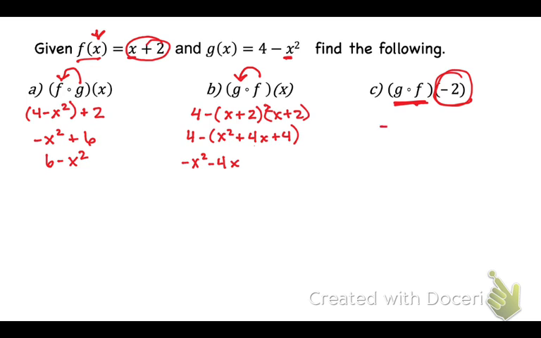So it's going to be negative 2 squared minus 4 times negative 2. So that'd be negative 4 plus 8, which would be 4.